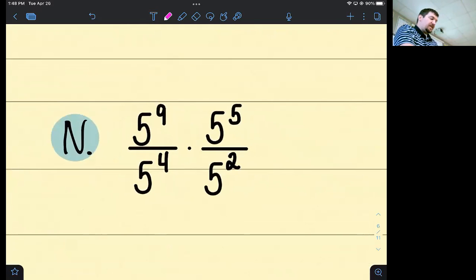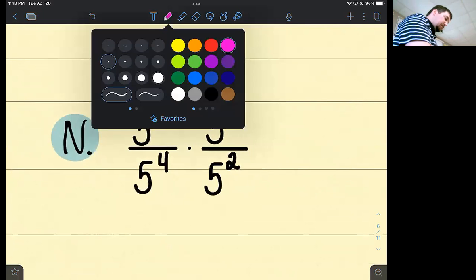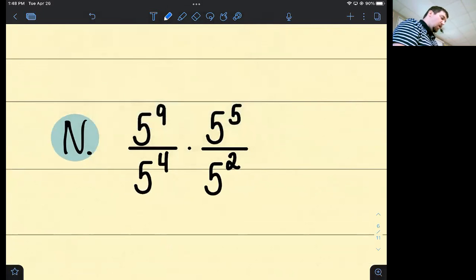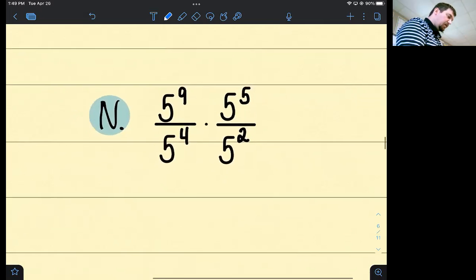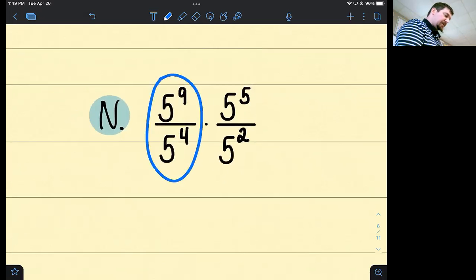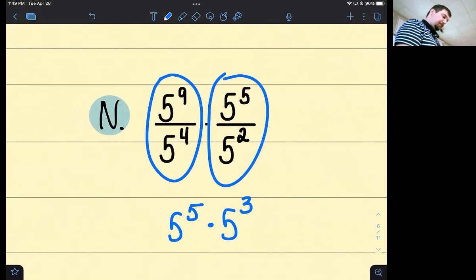Okay. This one, there's, again, a couple different ways you could go about this one. I'm going to let Martin walk me through how he might solve this one. Gotcha. So you're saying, let's simplify the first fraction to 5 to the 5th. Gotcha. Okay. Sounds good to me.